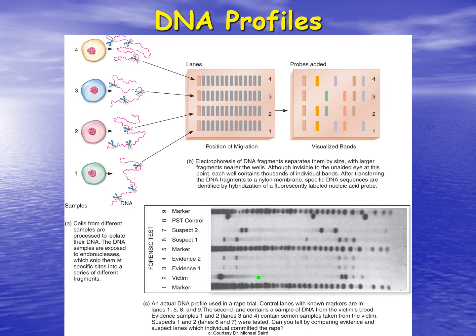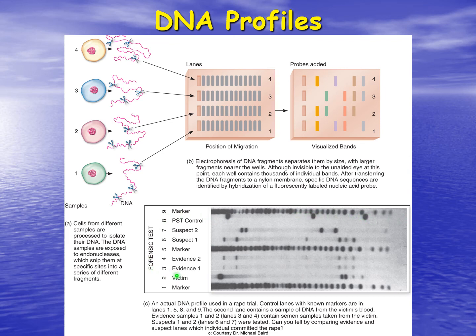So if we look at this profile down here, in lanes 1, 5, and 9, we have known fragment segments, and these are our ladders or markers. We also have another control here in lane 8, so we won't look at those.